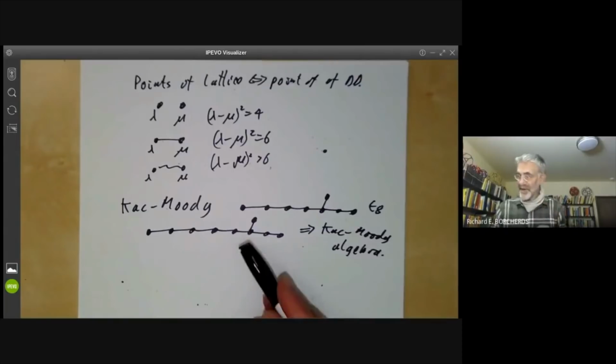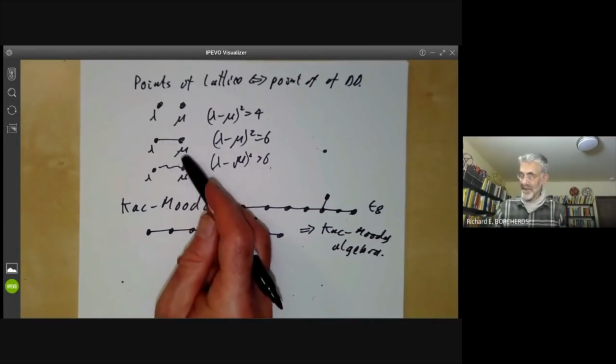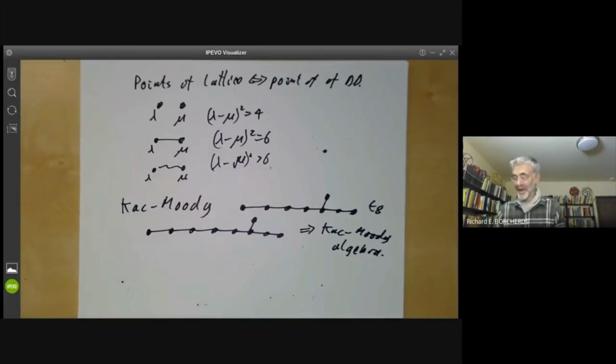And so I'd been fiddling around with the Leech lattice, thinking of it as a Dynkin diagram, and I got this idea, you could form a Kac-Moody algebra by taking the Leech lattice as the Dynkin diagram. So I went and told John Conway about this, and he very kindly told me that, yes, they already knew about this, and he and Queen and Sloane actually had a paper pointing this out. So this is the normal result of any idea you have in mathematics.